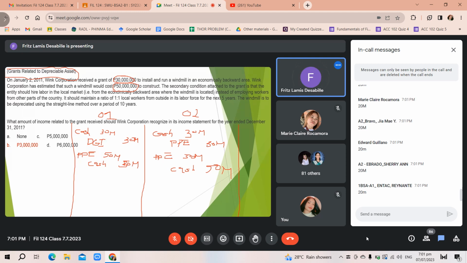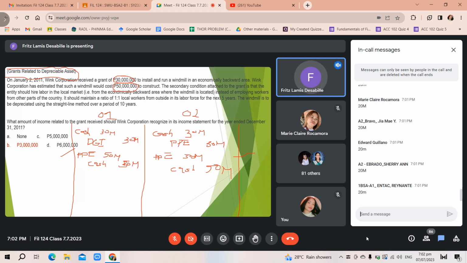Now, this is the initial recording of the PPE and the deferred grant income. Now, at the end of 2011, over 10 years. If the grant is related to PPE, our recognition of deferred grant income would be the same as how we recognize the depreciation of the PPE.